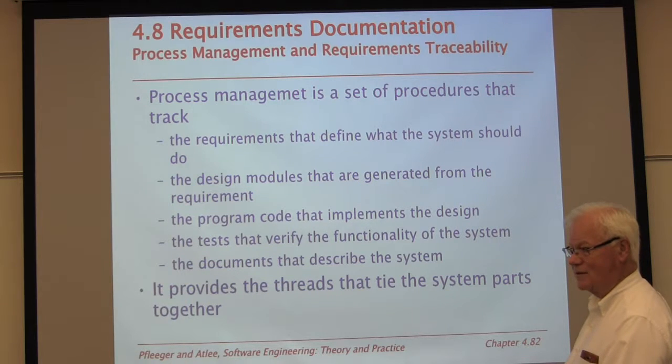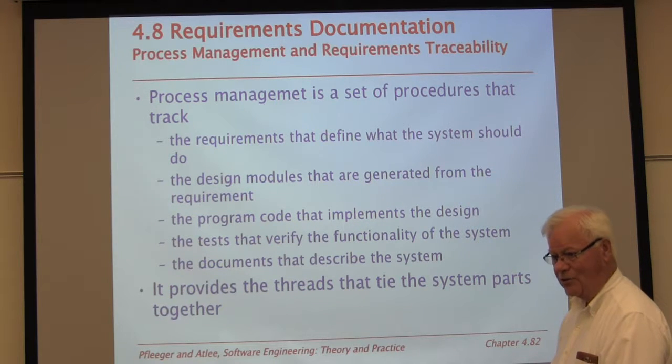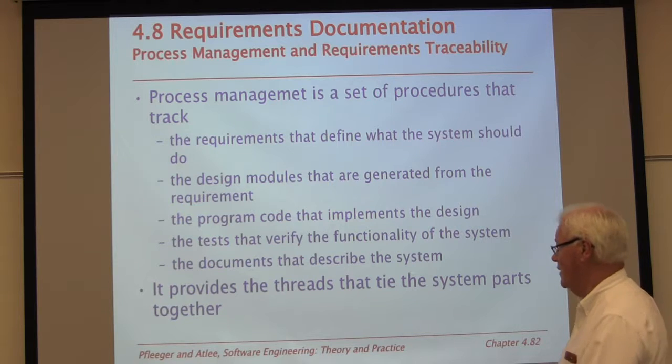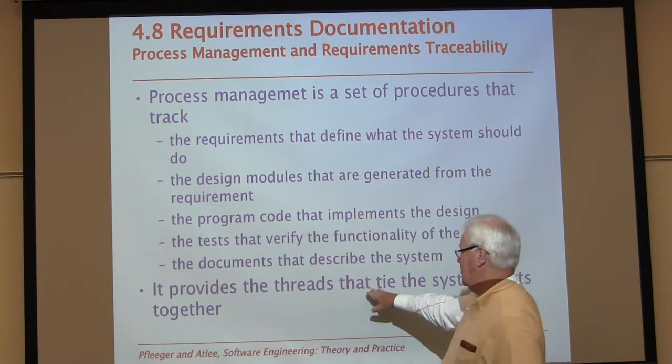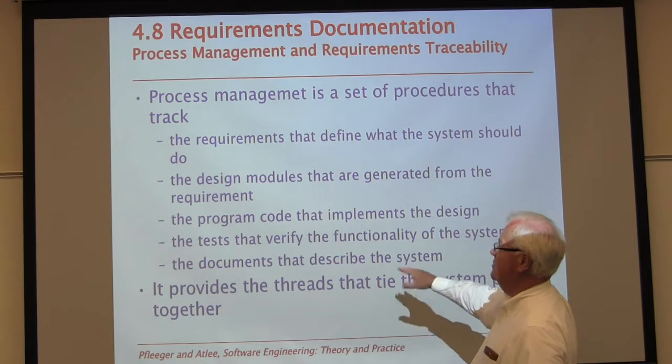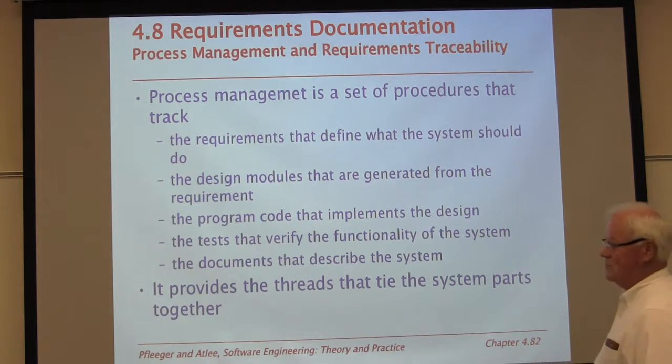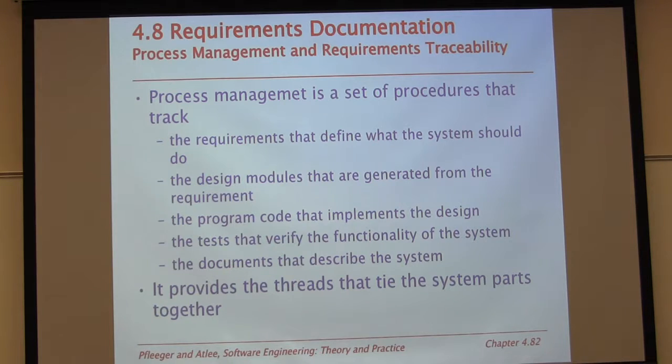What's missing? Ongoing maintenance. But anyway, it provides the threads that tie the system parts together. So that's what process management, requirements traceability does. That's what the good software engineer is responsible for.